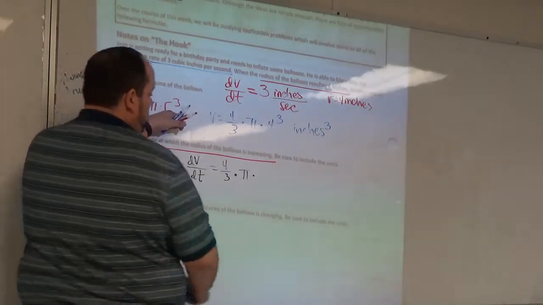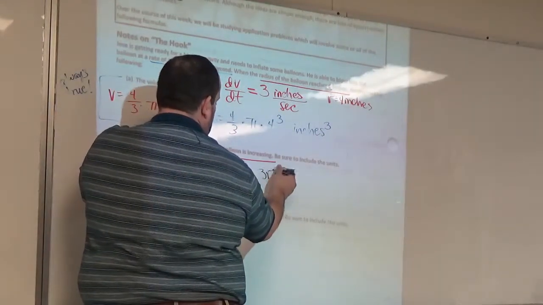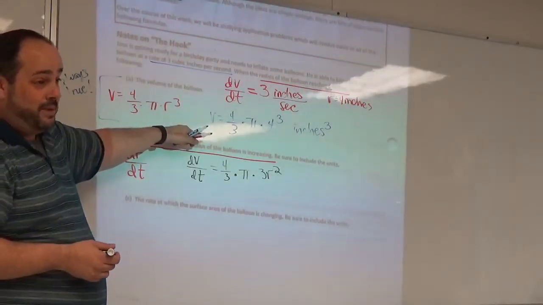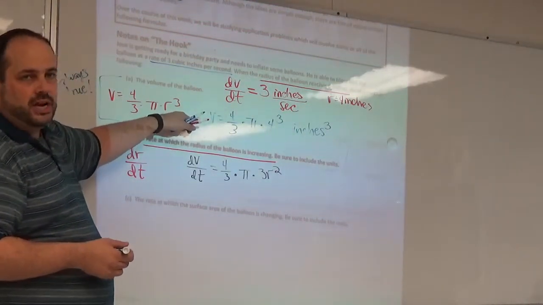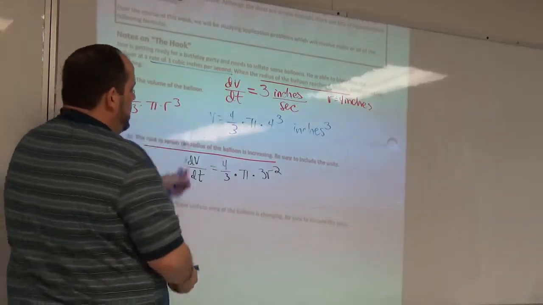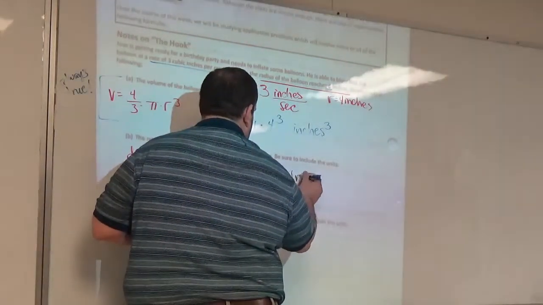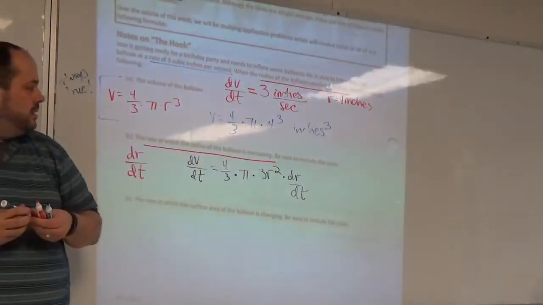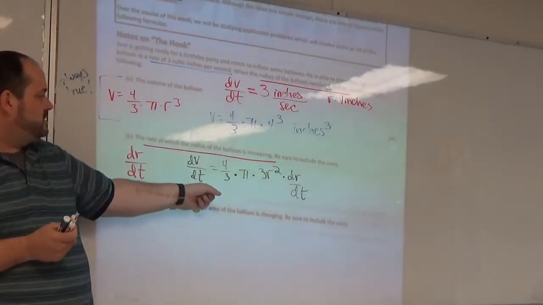The derivative of r cubed is 3r squared, but I'm measuring this with respect to time. I'm comparing how the radius changes to how time is changing. So it's going to be 3r squared dr/dt. I'll take questions on that in just a second.